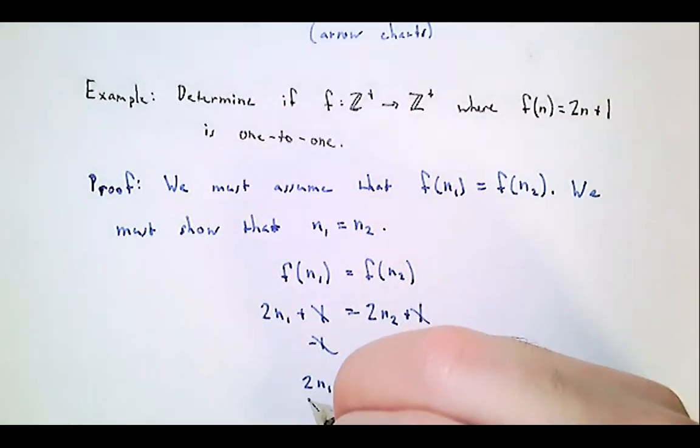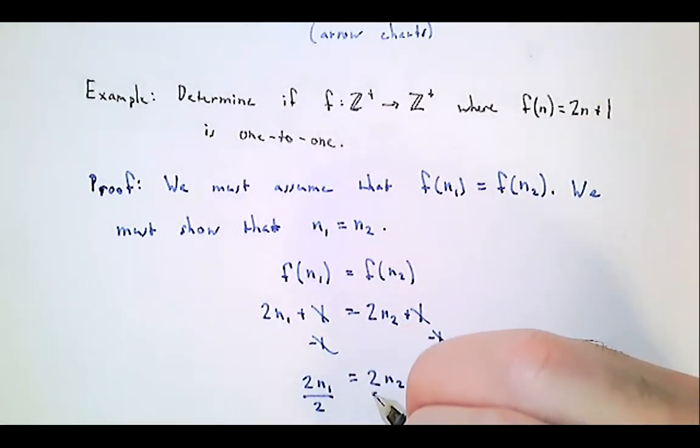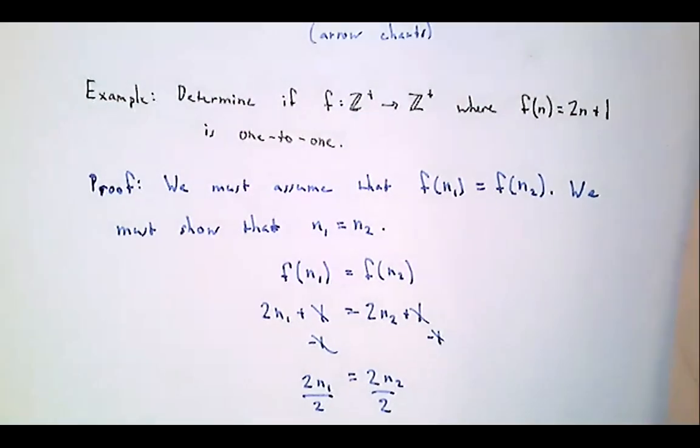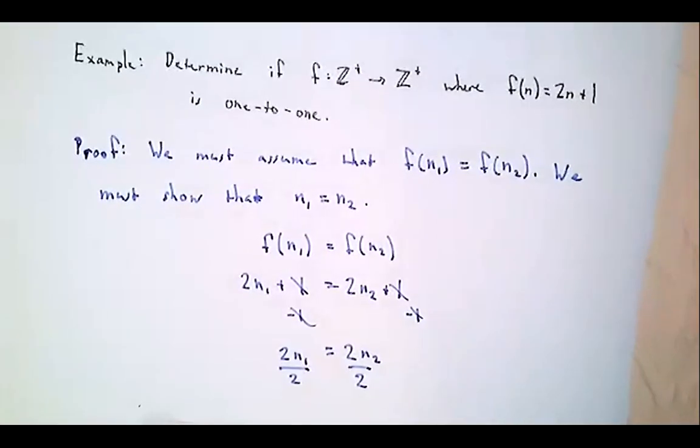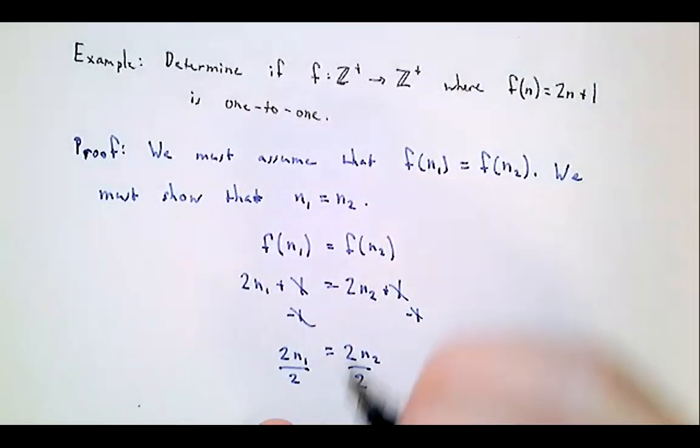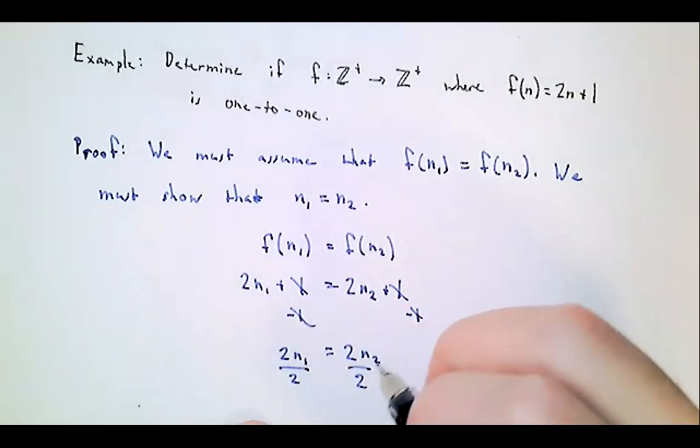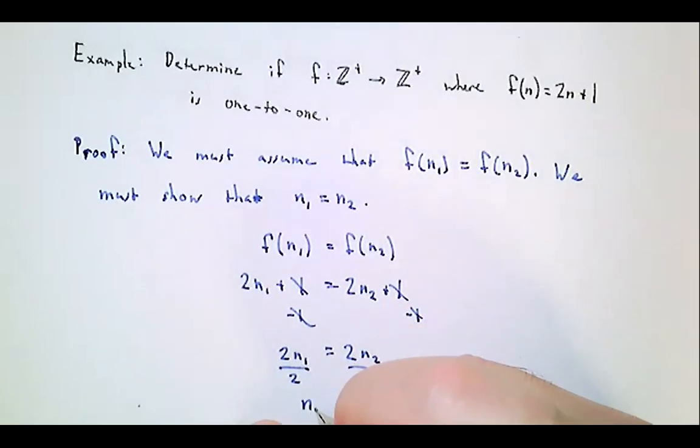Now we want to get rid of the 2's, so we'll divide through by 2 on both sides. And finally, we can conclude that we had the same values. n1 is equal to n2. And that's where you can stop. Okay, any questions over that second example there?